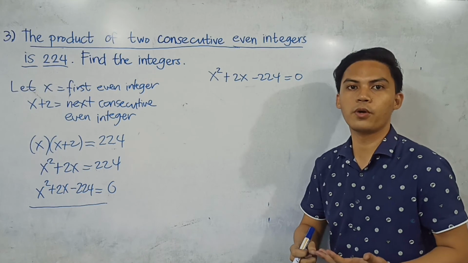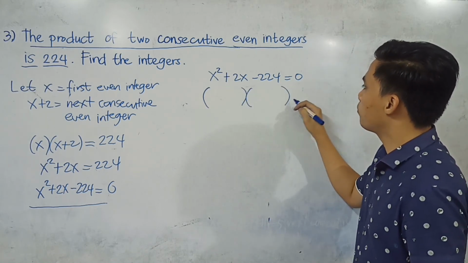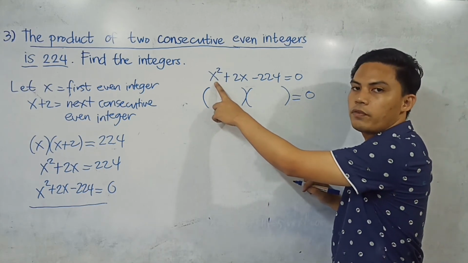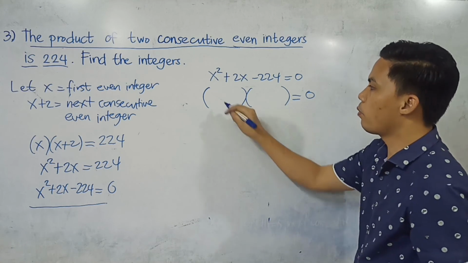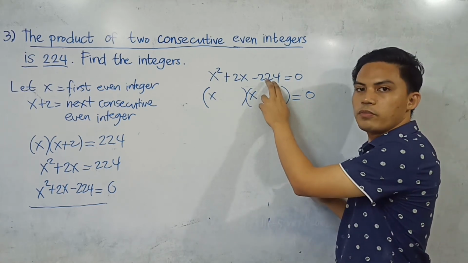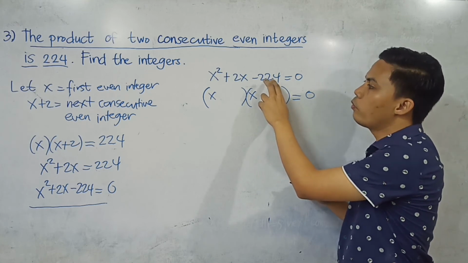Let's look now for its factors. Again, look for the factors of x squared. So, ang factors ng x squared, we have x and x. Next, focus tayo sa third term or sa constant term. We're going to look for the factors.